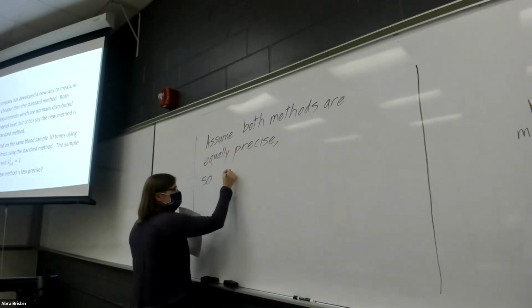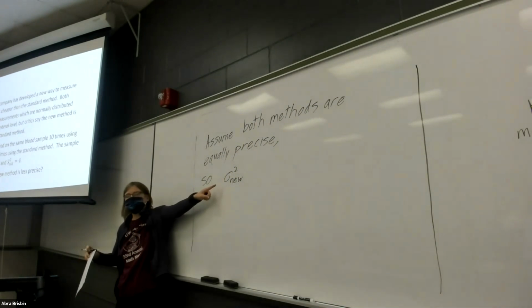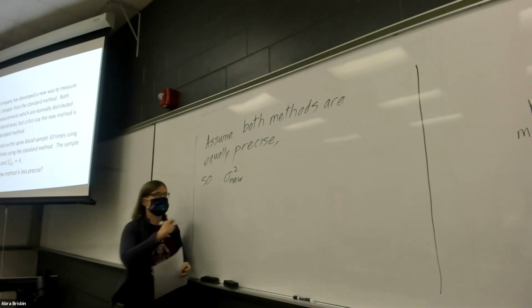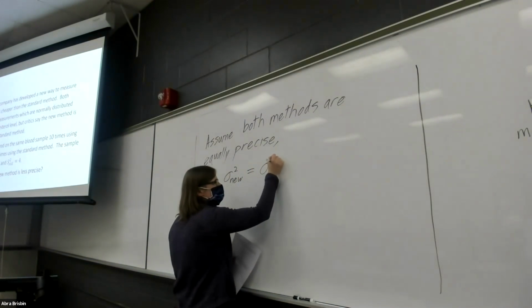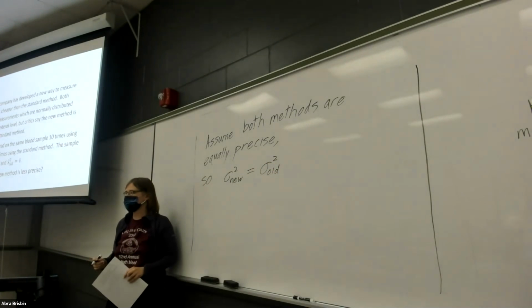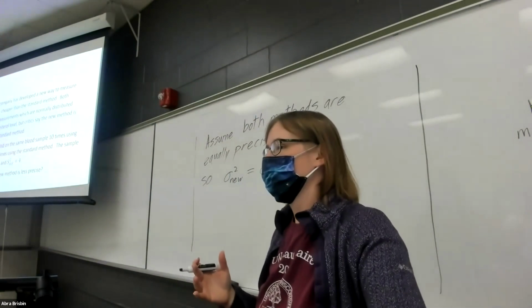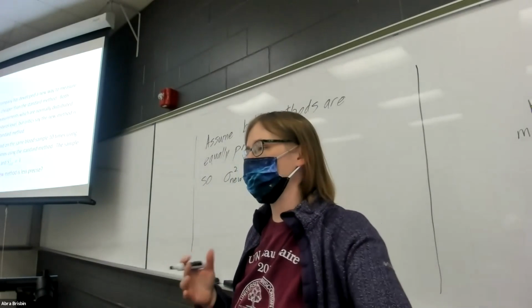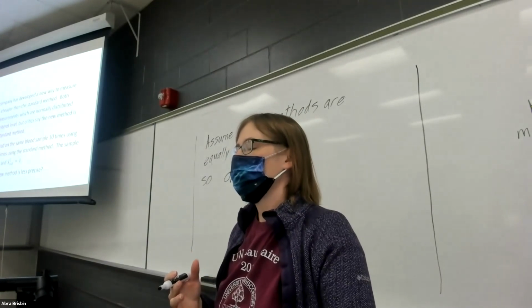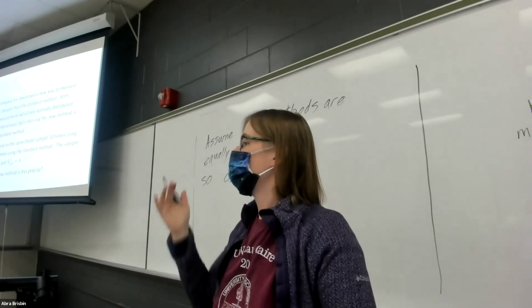So in this case, we'll assume that the true population variance, sigma squared, is the same for both of the methods. And then find the probability of getting a result at least as extreme as what we got in this data. So that's what we'll be doing using the F distribution on Monday. I'll see you then.